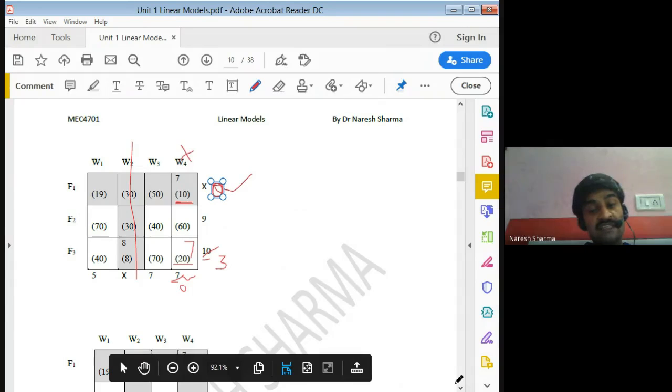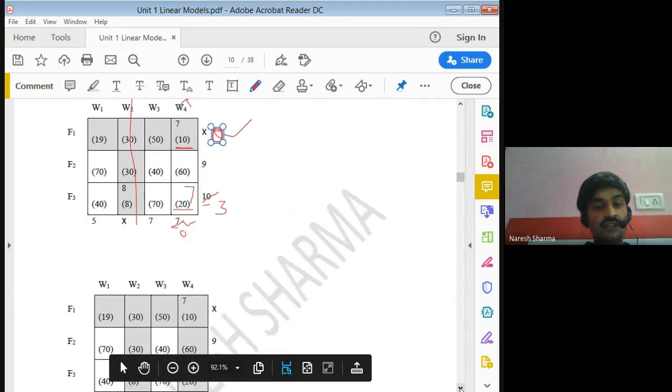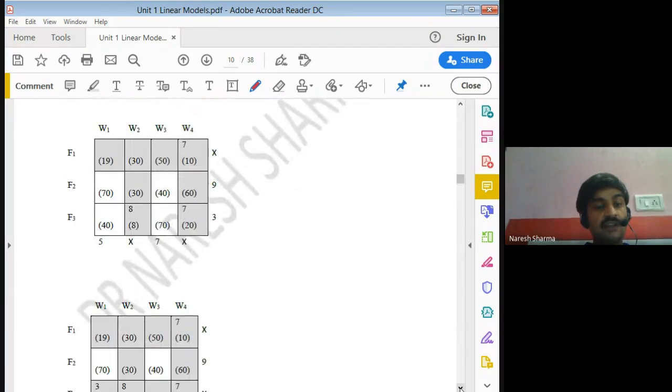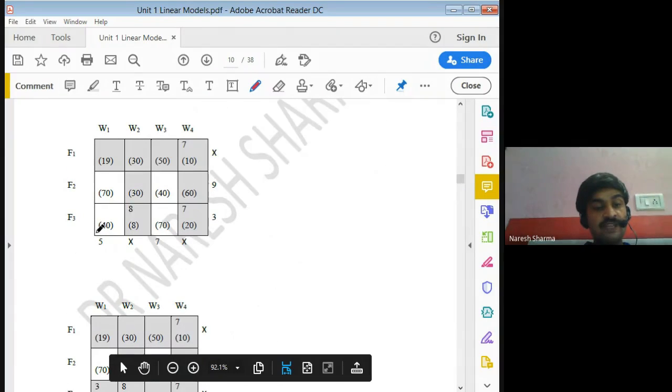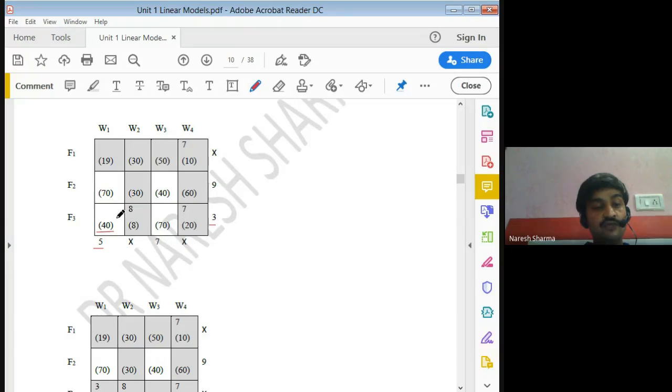Now go to the next table. You can do all these calculations in separate tables or in a single table. Now here we choose the next minimum, which is 40. Here we have the 5, here we have the 3, we choose the minimum value 3. This becomes 0, this becomes 2.